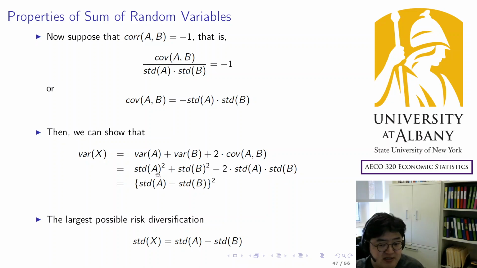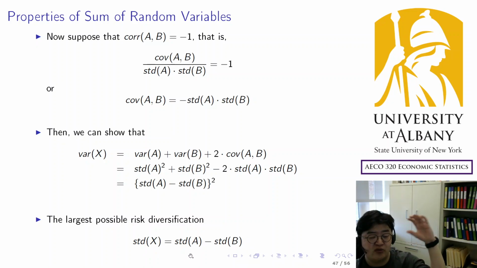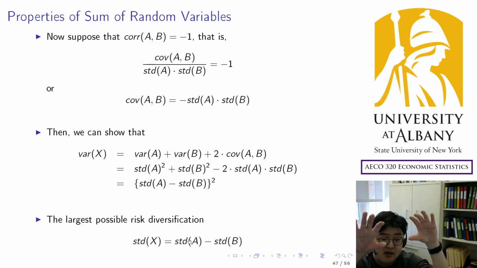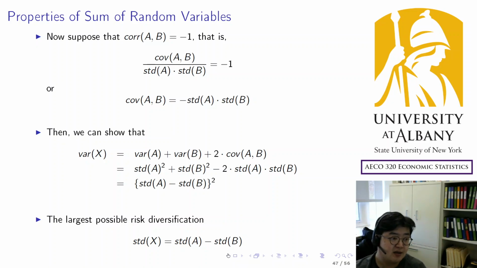So that means your portfolio standard deviation will be standard deviation A minus standard deviation B. So when you have only A, your risk is the standard deviation of A, but additionally buying B will reduce exactly as much as the risk in B, right? That is the maximum risk diversification. So the risk in B will perfectly offset the risk in A. That is the other extreme, okay?